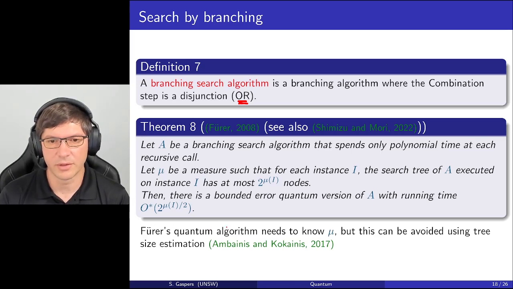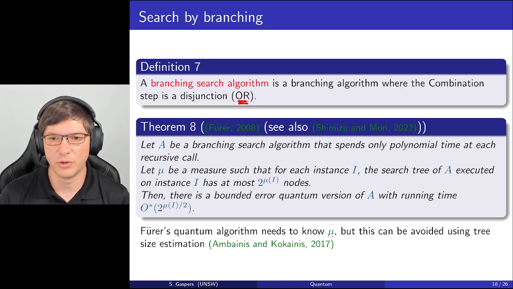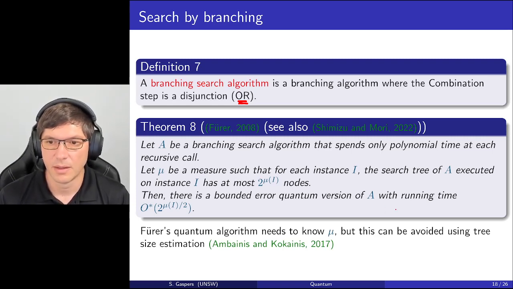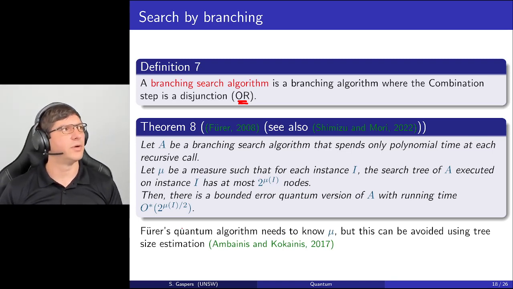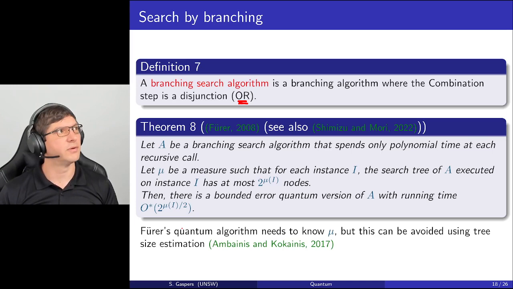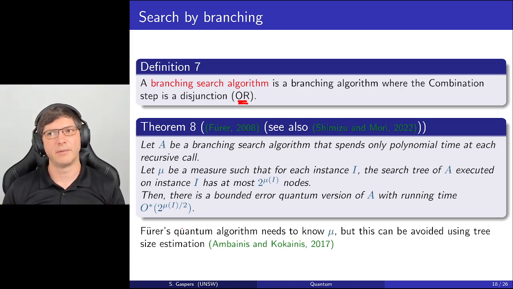Führer's algorithm actually needs to know mu. And mu is something that we typically obtain from our running time analysis. Maybe we used measure and conquer to analyze the running time of our branching algorithm, and so mu is the measure that we used. The reason the algorithm needs to know this is that it wants to direct the algorithm towards the right part of the search tree.